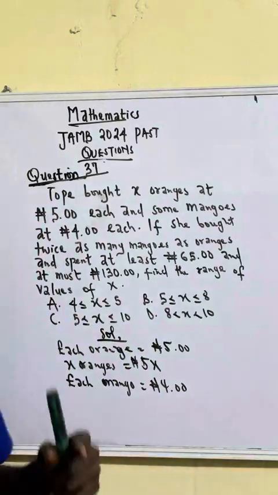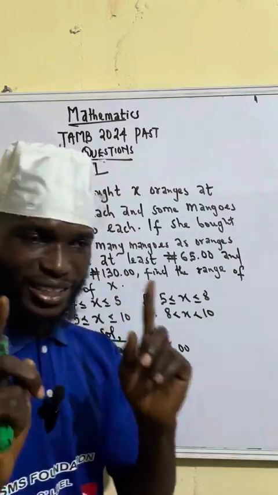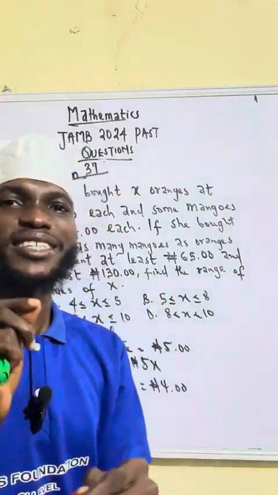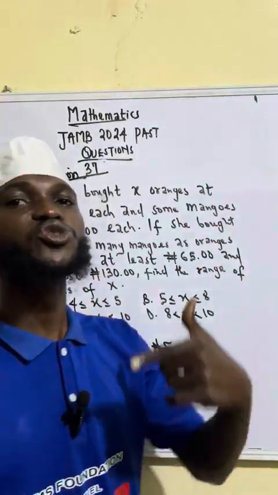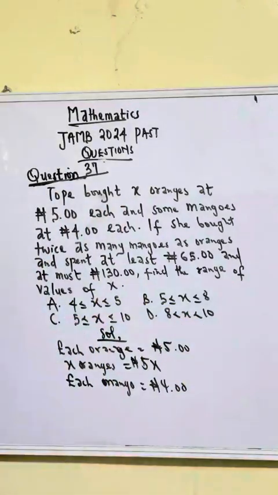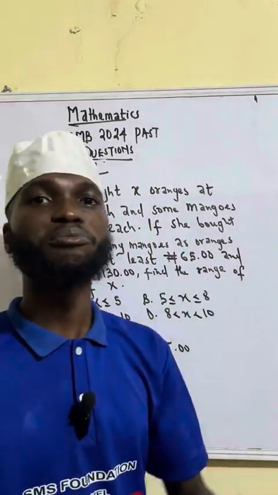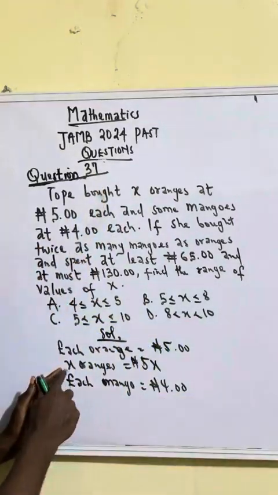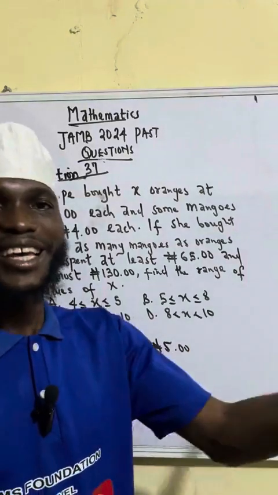What they are saying is that the number of oranges is X, and she bought twice of that. So 2 times X is the number of mangoes bought. The total of oranges is X, so mangoes will be 2 times X.